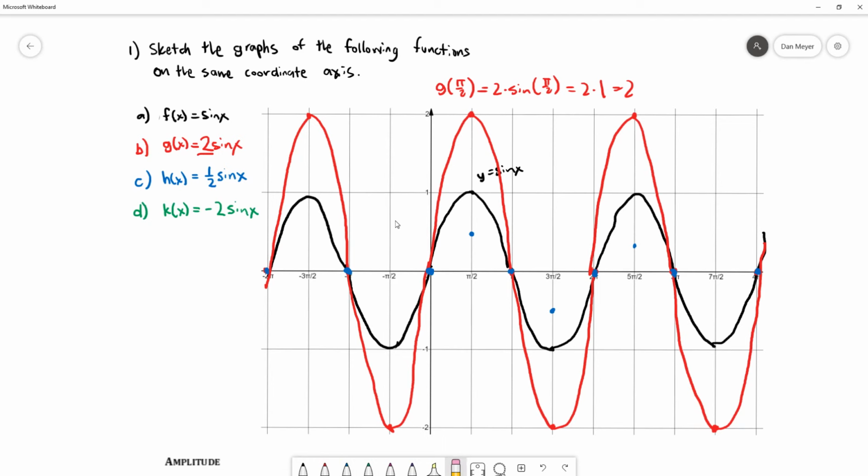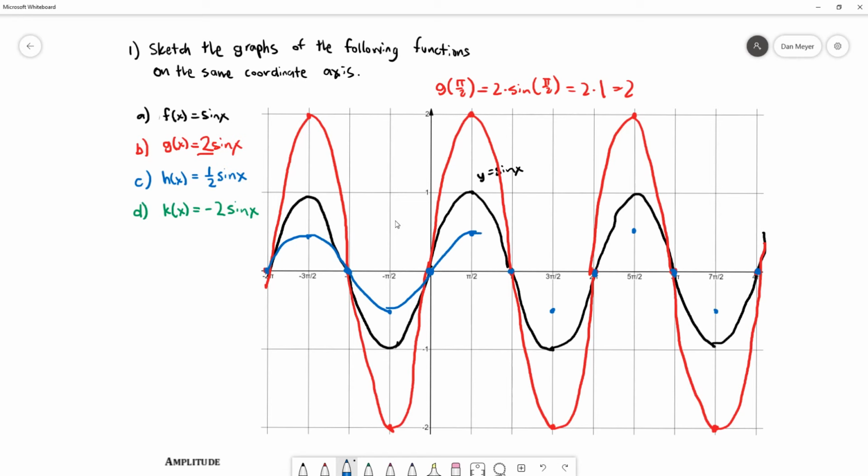That's not even close to 1/2 there. There we go. All right, a few more points to plot, and then we can connect the dots here. There is the graph of y equals 1/2 sine x.